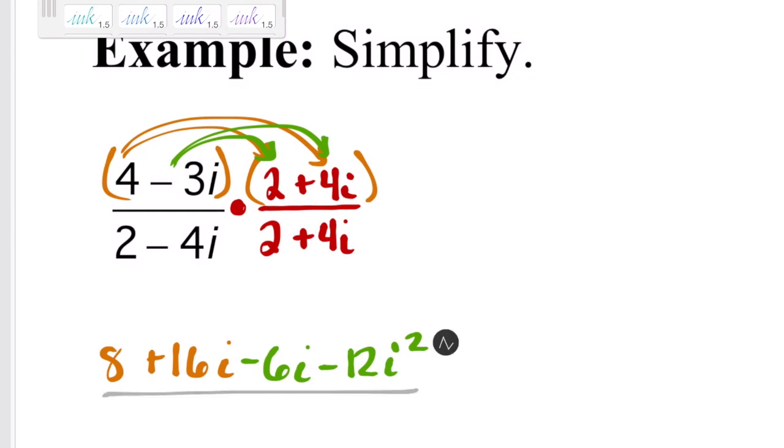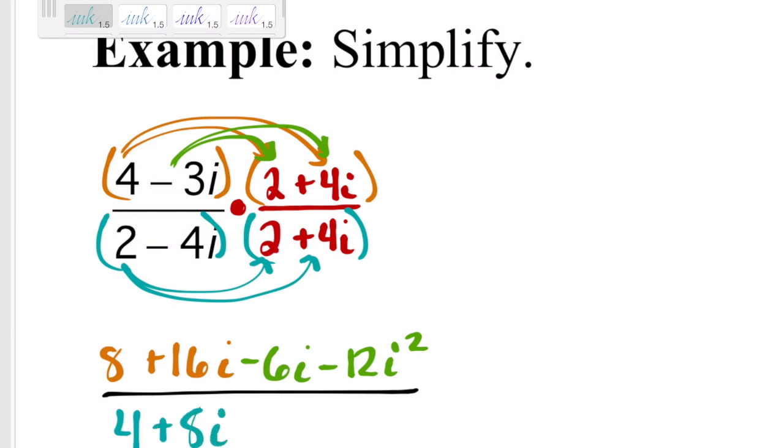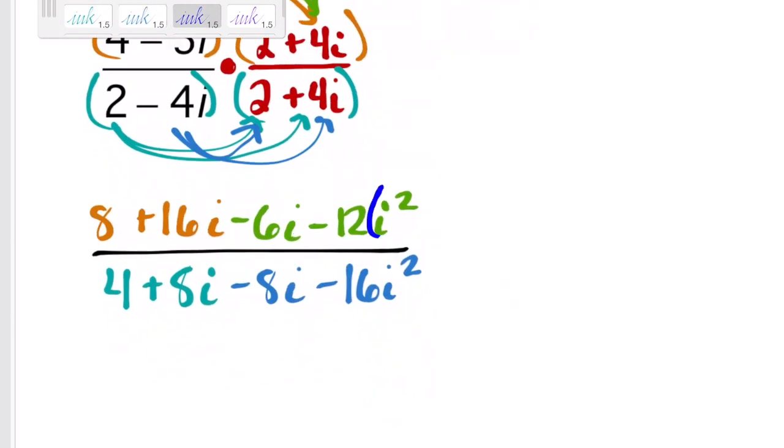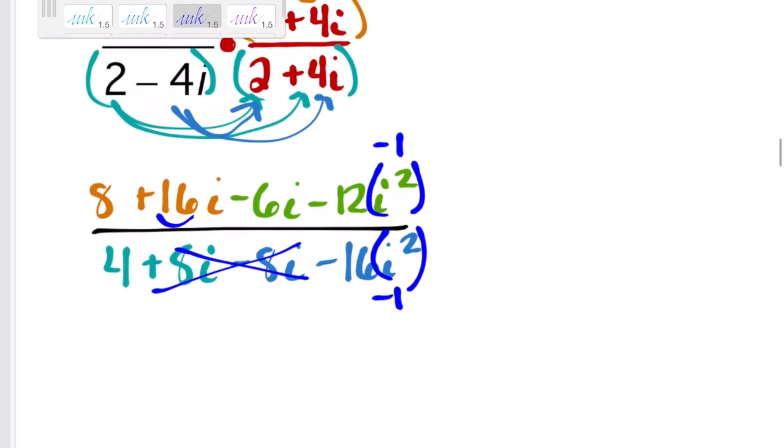Then I'm going to distribute in the denominator. I'm going to change any of my i squareds into -1s and cancel out some imaginaries, and I'll combine my like terms.